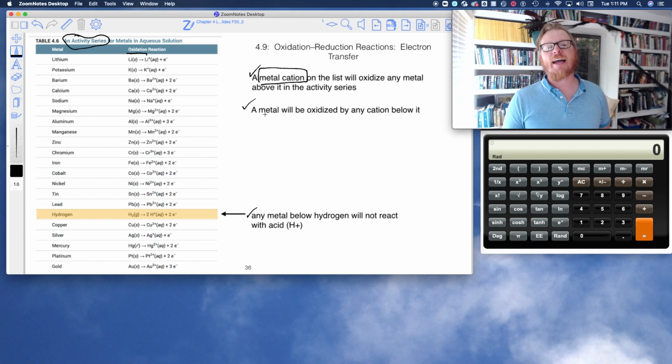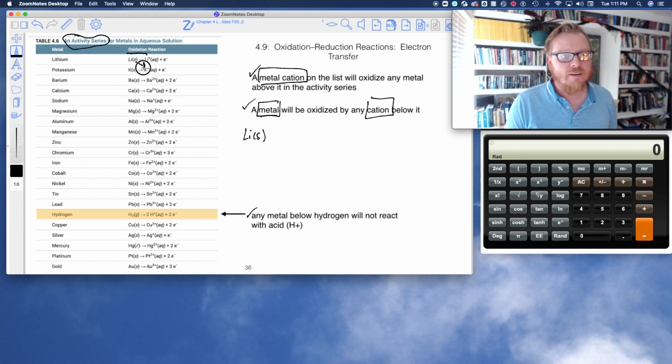That's the same thing as saying a metal, not a metal cation, but a metal, will be oxidized by any cation below it. So let's do this first example. Lithium solid, a metal, so we're picking on the metal, will be oxidized by any cation below it.